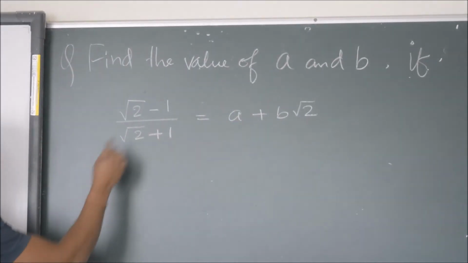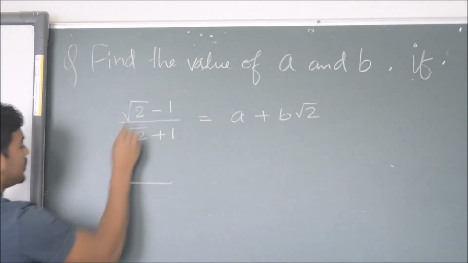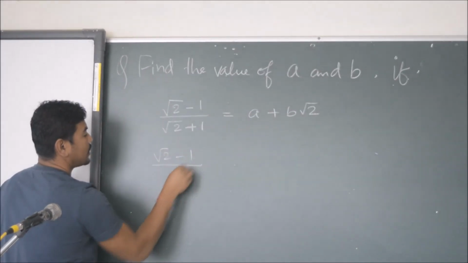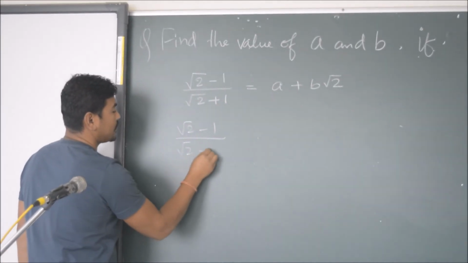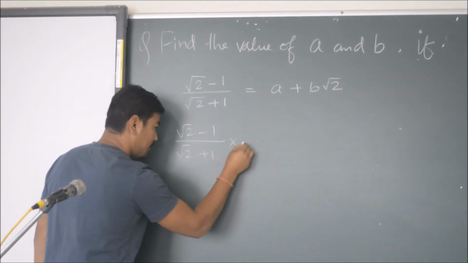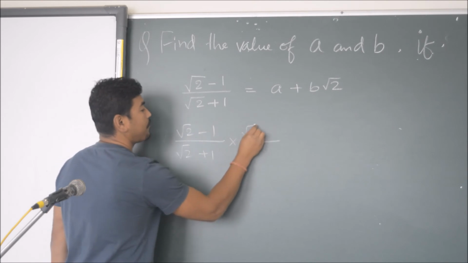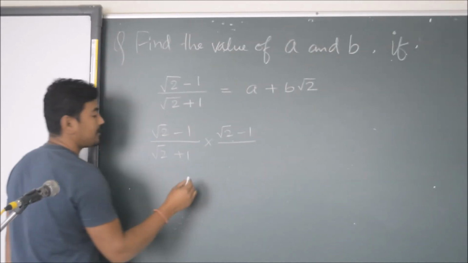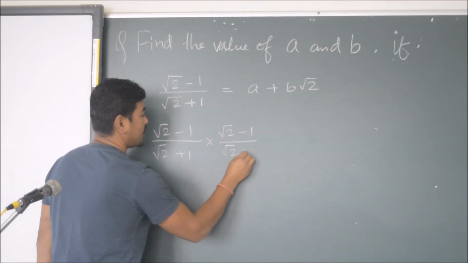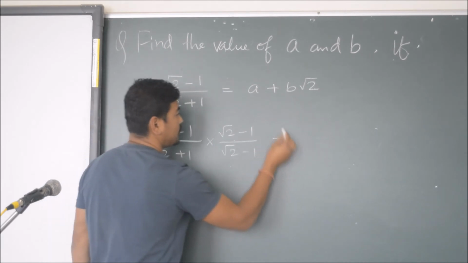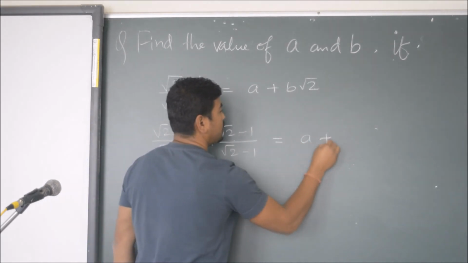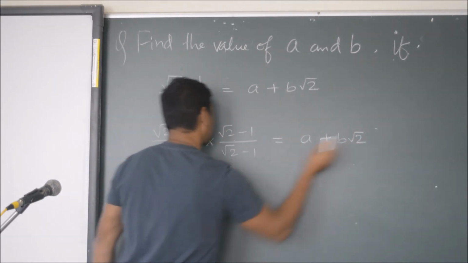So let's start like this. Root 2 minus 1 divided by root 2 plus 1. By rationalizing, root 2 plus 1 becomes root 2 minus 1, divided by root 2 minus 1, which equals, we'll keep the same here, a plus b root 2.